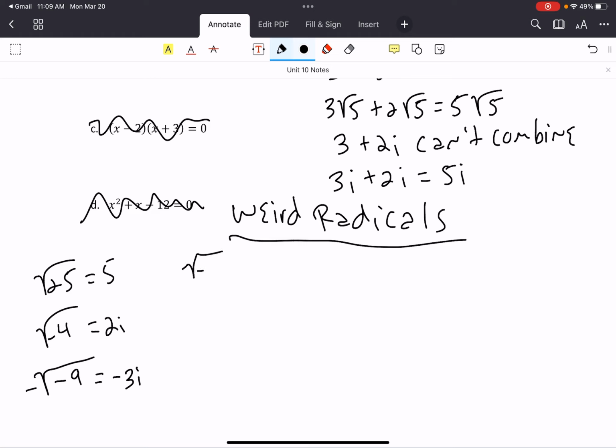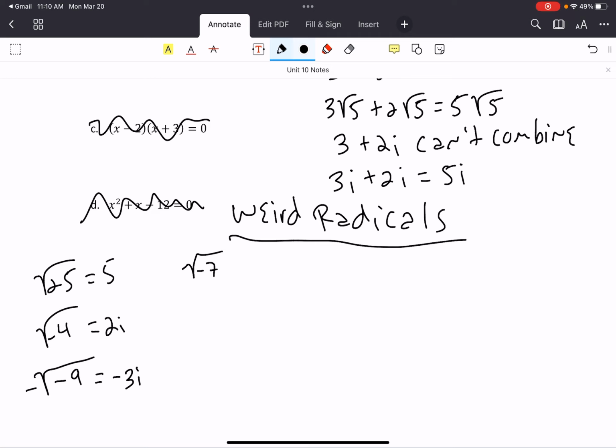I'm going to get a little weirder. Square root of negative 7. Anyone have any guesses? Can I simplify square root 7? Is it 4 over 3?